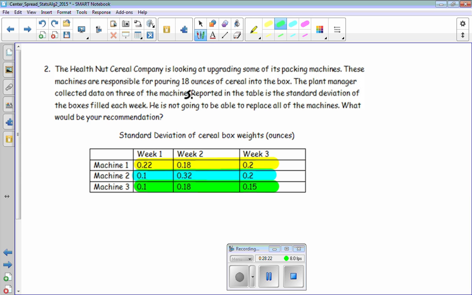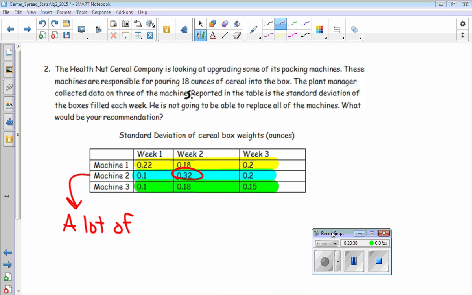Machine 1 and machine 3 are consistent, but machine 2 has a lot of variability. Well, it's not an outlier, because it's a standard deviation, so it's not an actual value, but it has what we call a lot of variability. It means the spread is large, which means it's not as consistent. So I think that machine 2 would be a good choice.